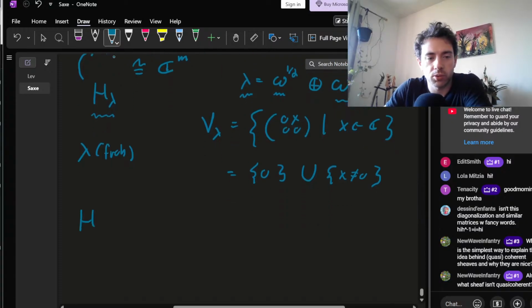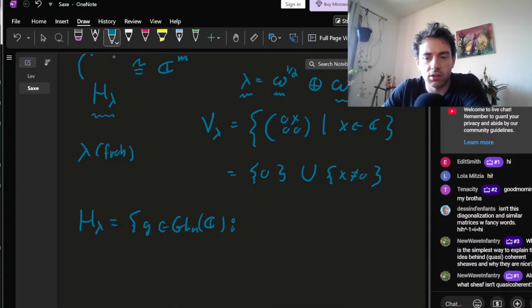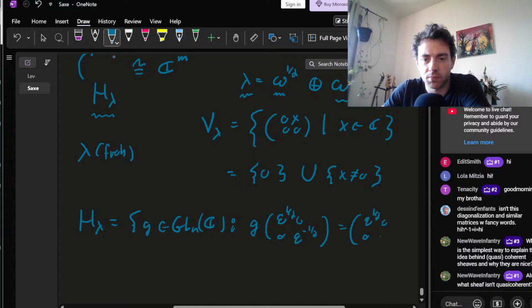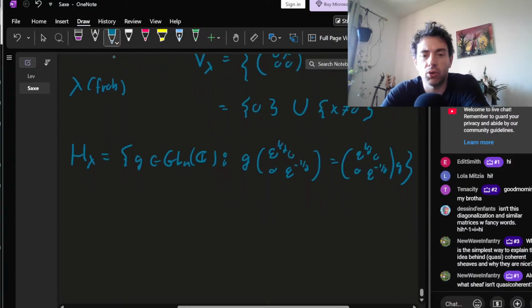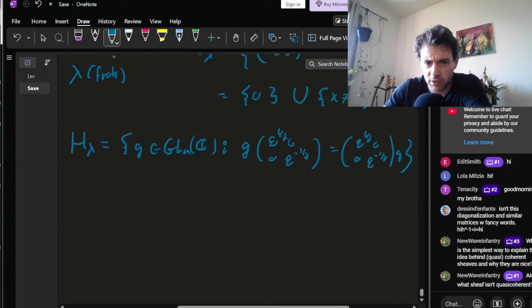So our group, H lambda, should be everything in GLN such that g commutes with the matrix with entries q to the one half, 0, 0, q to the minus one half. And so, just like we did last time, I'll let you do it yourself.